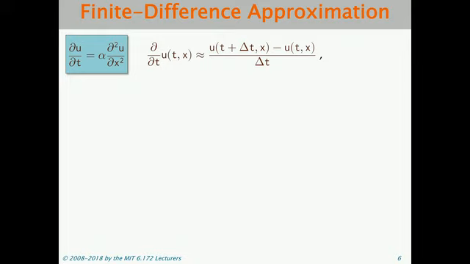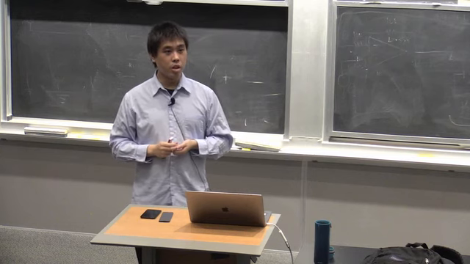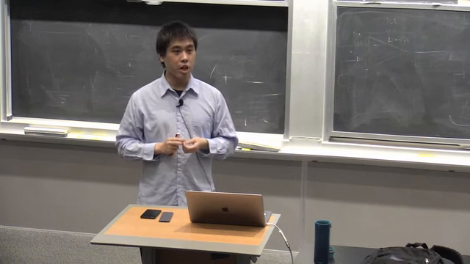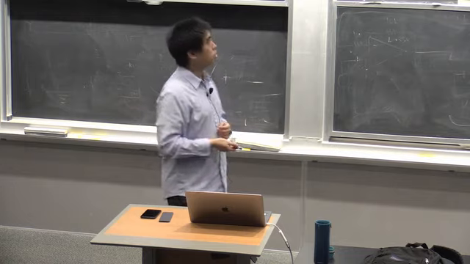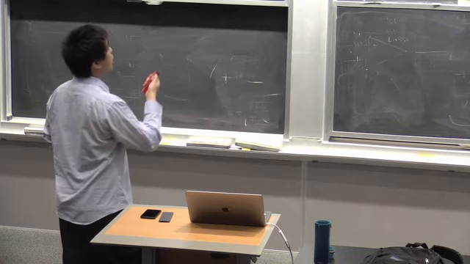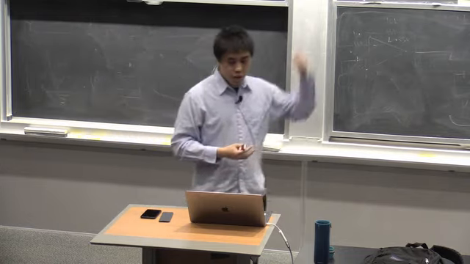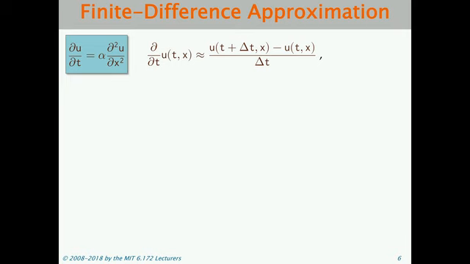So how many of you have seen this approximation method before from your calculus class? Okay, good. So as you bring the value of delta t down to 0, then the thing on the right-hand side approaches the true partial derivative. So that's the partial derivative with respect to t. We also need to get the partial derivative with respect to x.